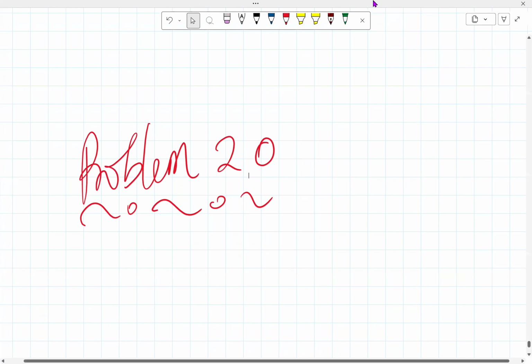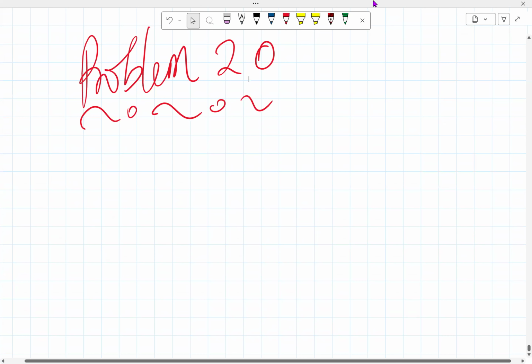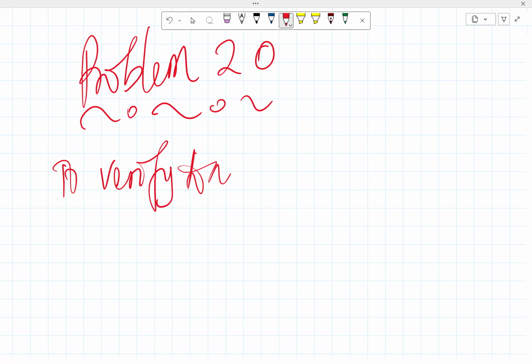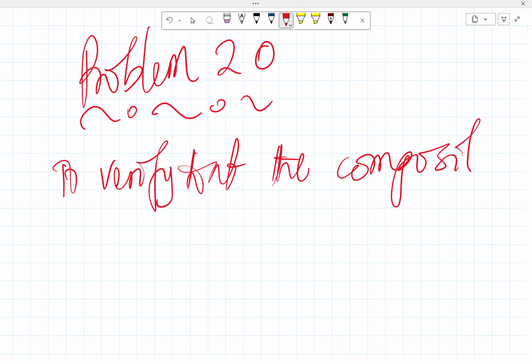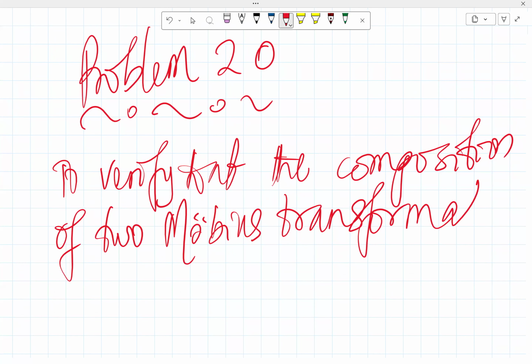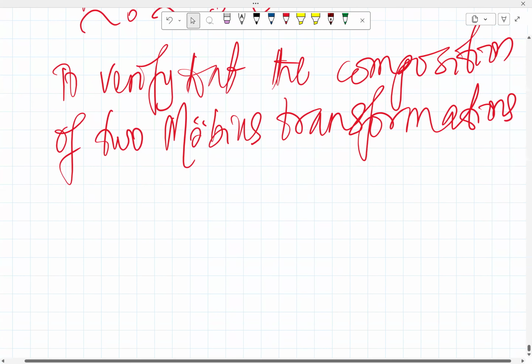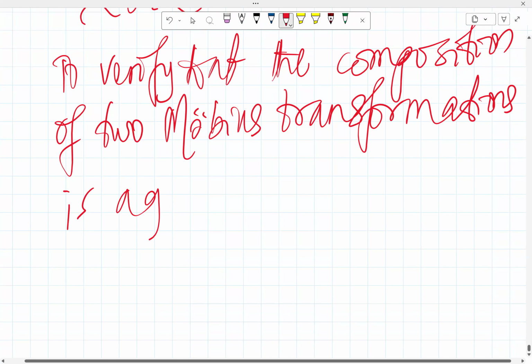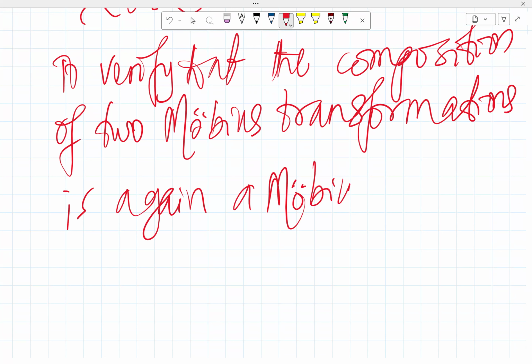Okay, so let's go on that fairly long journey maybe. We want to verify that the composition of two Möbius transformations is again a Möbius transformation.